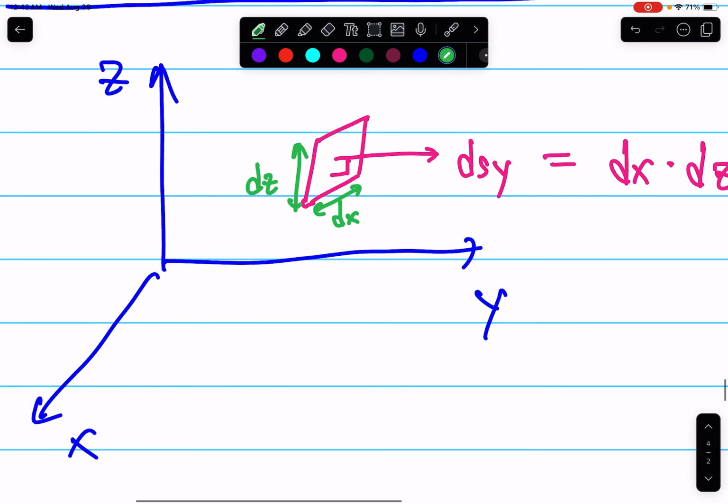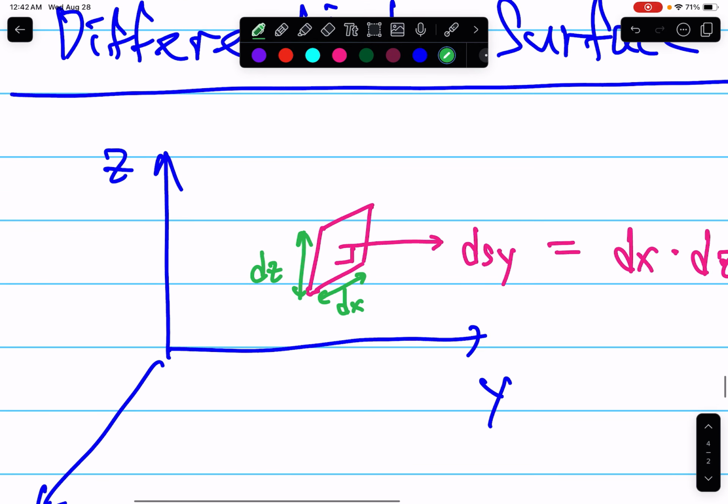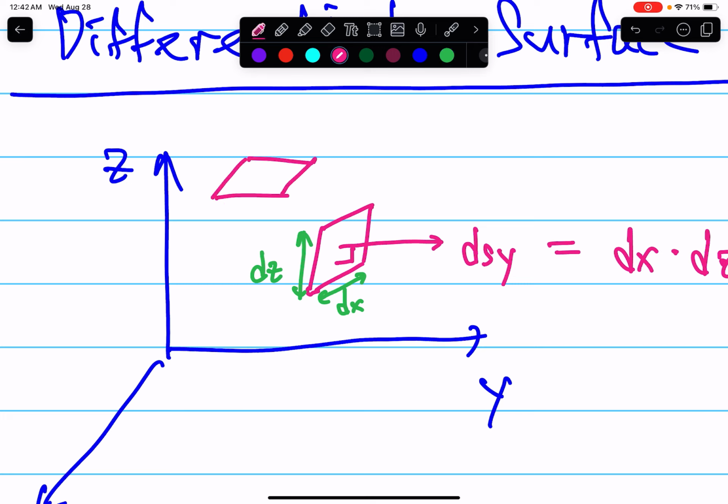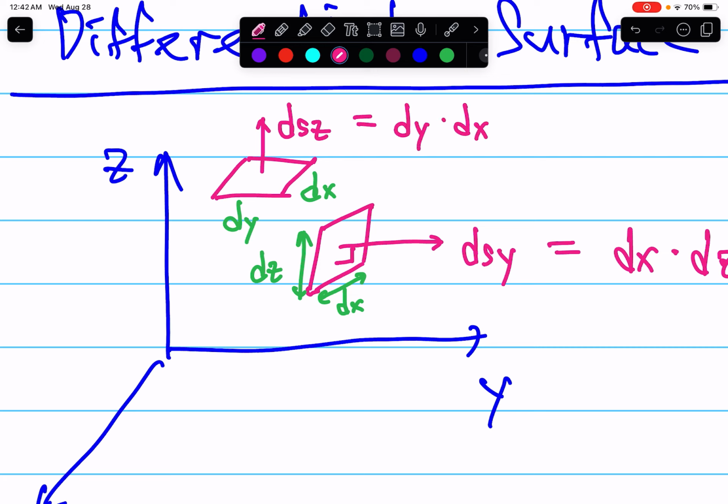Okay, if you have a surface that looks like this, then you have dx over here and dy over there for the surface dsz. So dsz would be dy dx.